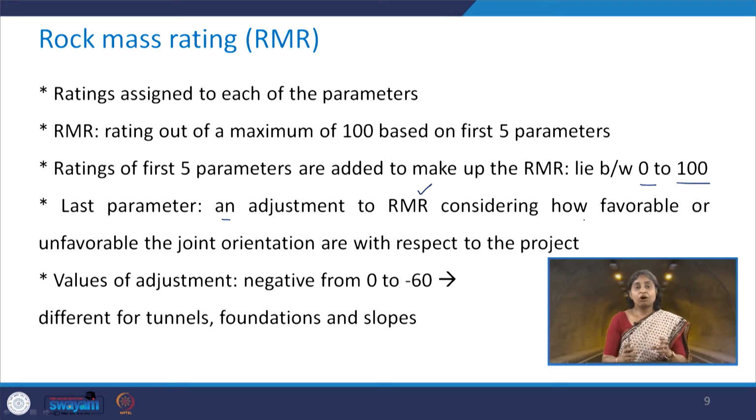So, based upon what type of structure it is, you have to see whether the joints are favorably oriented or unfavorably oriented with respect to that particular structure. Now, the values of this adjustment are negative, and vary from 0 to minus 60. As I mentioned, this is going to be dependent on the type of the project. So, it will be different for say tunnels or foundations or slopes.